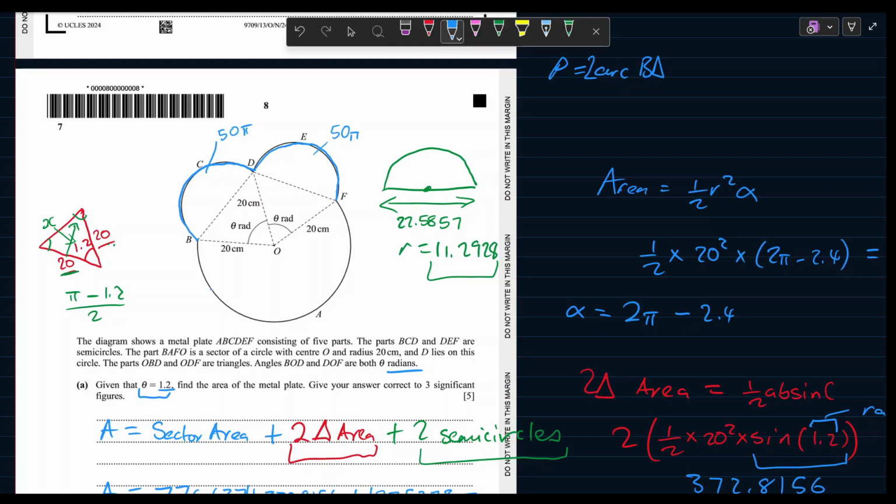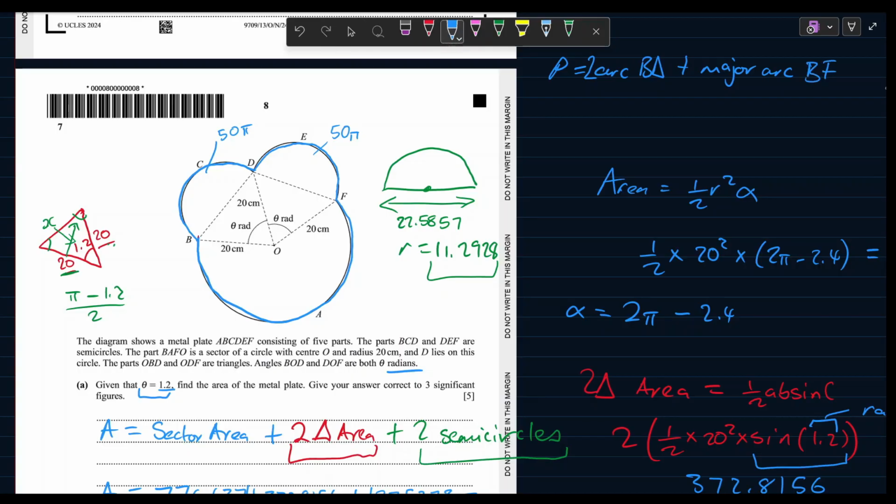And then finally, we're going to have this big arc, so plus major arc. Just to be more specific, the minor arc of BF would be the arc that goes in this direction. I'm just being specific that we want the major arc, not the minor arc. So this is major arc BF.